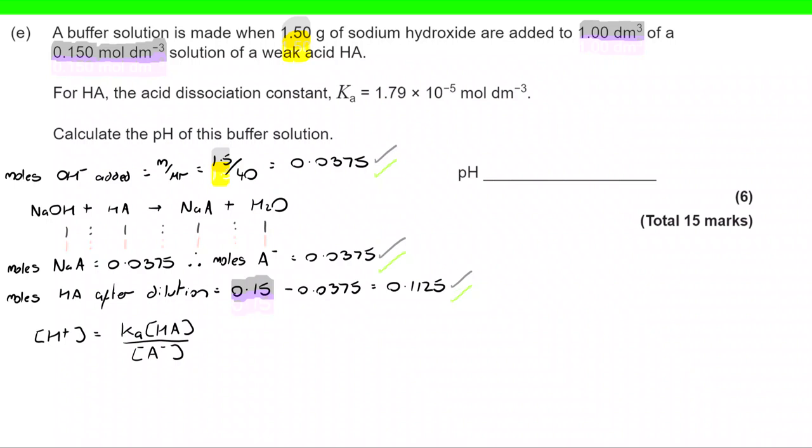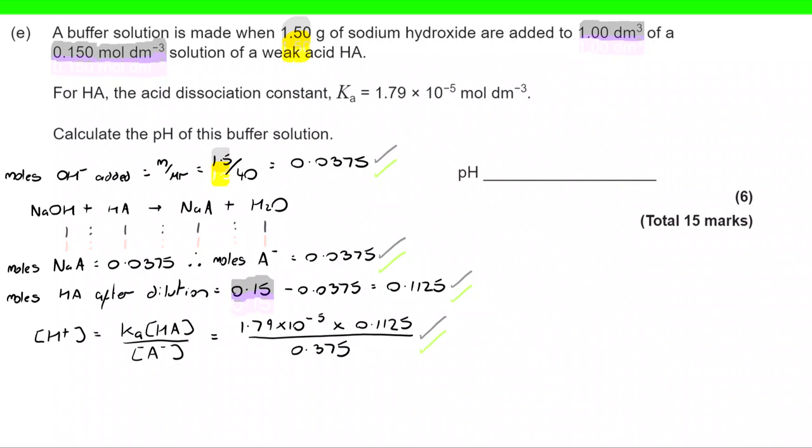I'm then going to rearrange my expression for Ka to make H plus the subject, as you can see here. And then I can start to put the figures in. Now the Ka is provided, the 1.79 by 10 to the minus 5, and you might have noticed that my HA and A minus, I've used molar quantities, but the expression calls for concentration.